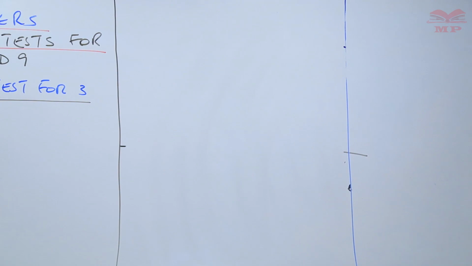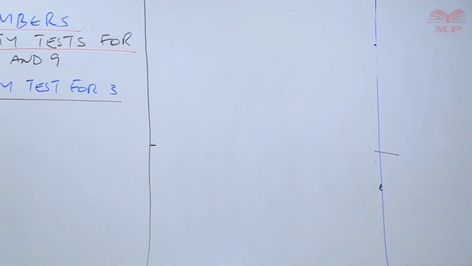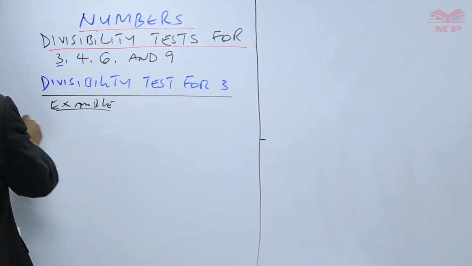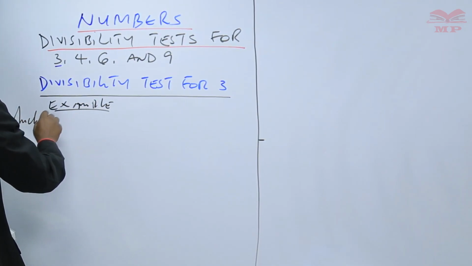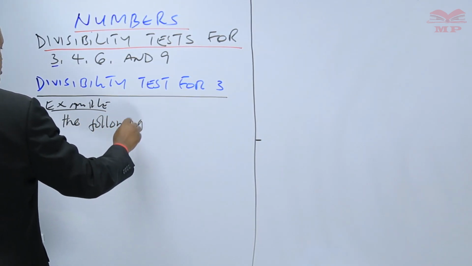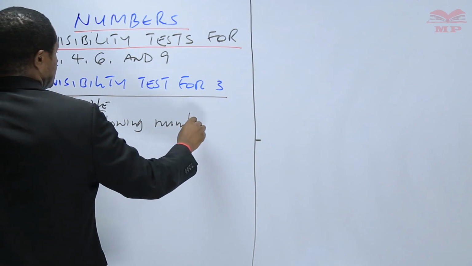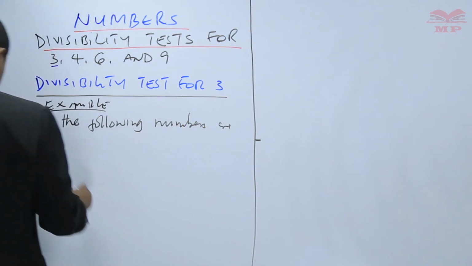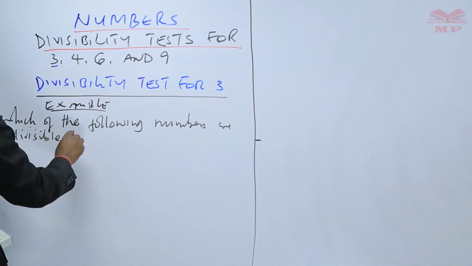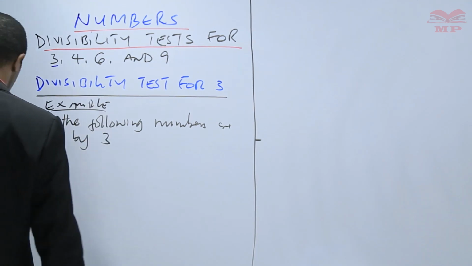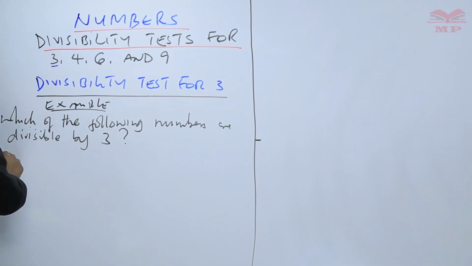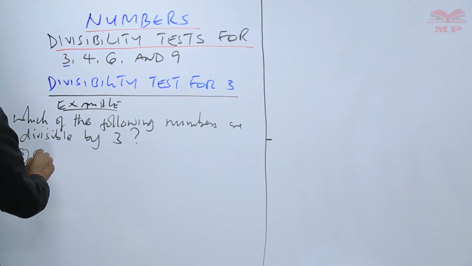Example: which of the following numbers are divisible by 3? Question. A, we have 93.